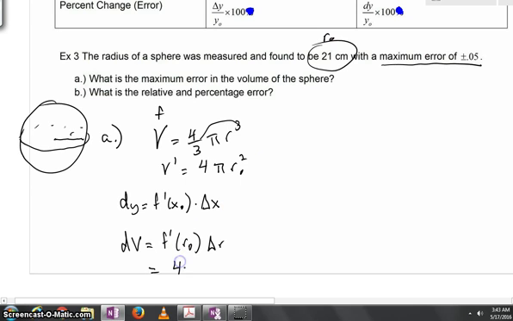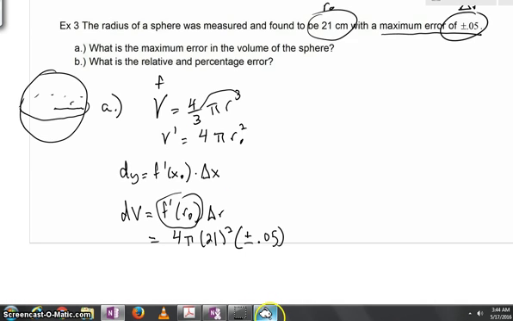So we'll have 4 pi times 21 squared. That's our derivative plugging in our beginning radius. Delta r, however, is how much our r could change. We could be 0.05 bigger, 0.05 smaller. So we're going to put in a plus or a minus 0.05.